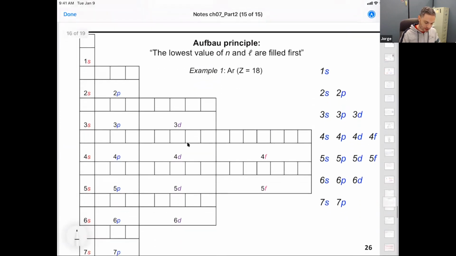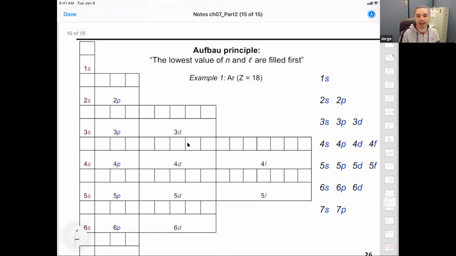So let's start here with my first example. I want to do the distribution for argon, Z equals 18. So let's start. Remember that we start from the lowest energy shell, which is the 1s. The s orbital has only one value for Ml, therefore it can handle only 2 electrons.